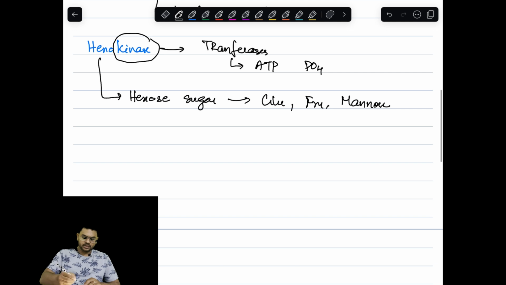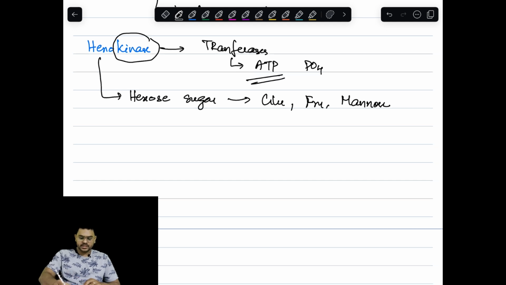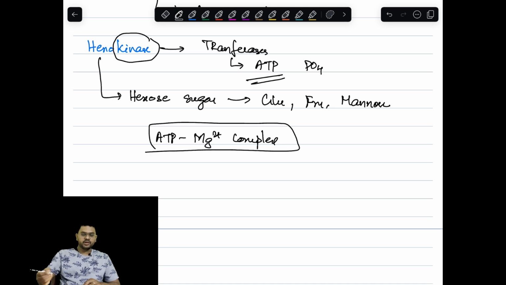Now the donor is not just ATP. Instead, it is actually the ATP magnesium complex. If ATP is not complexed with magnesium, then this reaction does not happen. So magnesium is very important in this step.